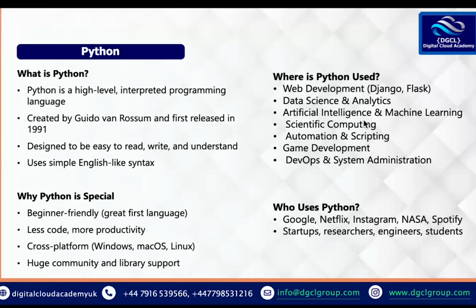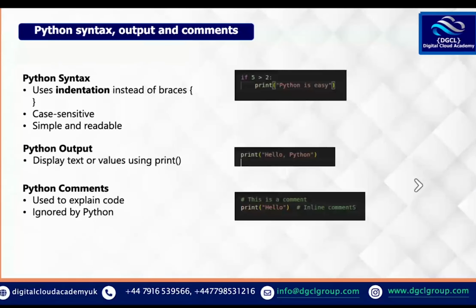For web development, with web frameworks like Flask, FastAPI, Django, for data science and analytics, for artificial intelligence and machine learning, for automation scripting, game development. It's just a programming language that can be used for various purposes. So that's Python.